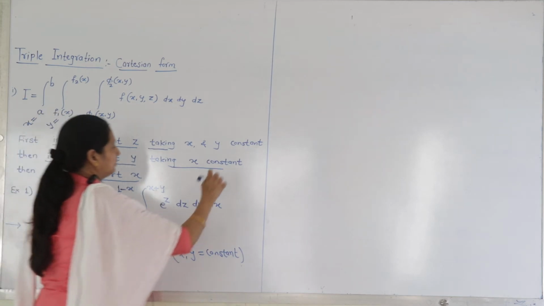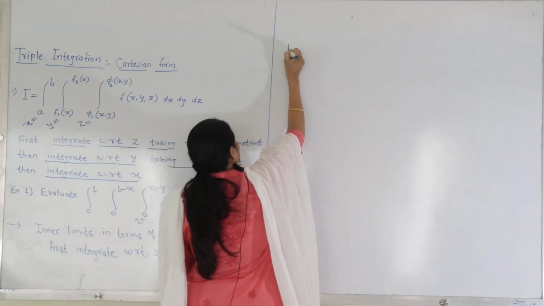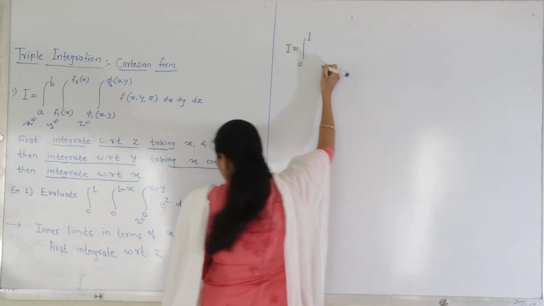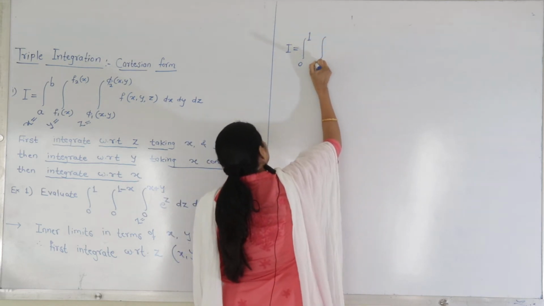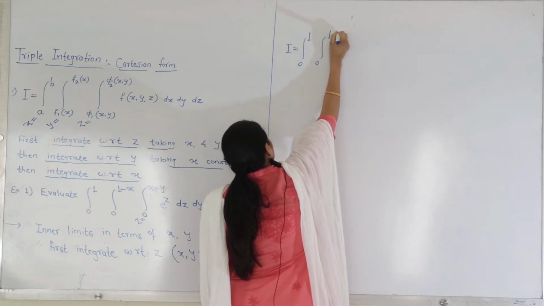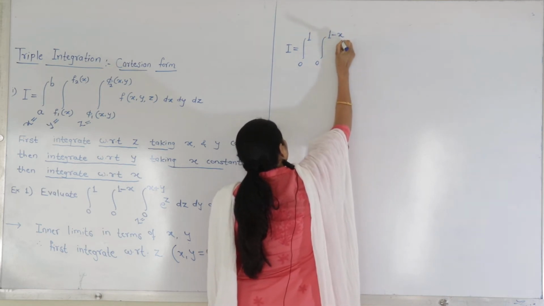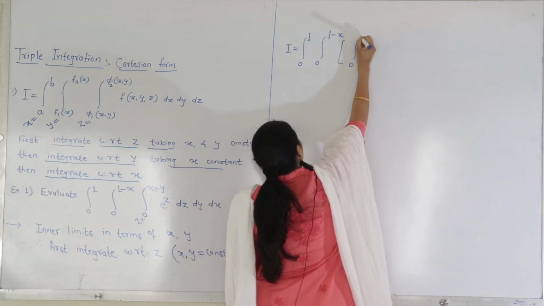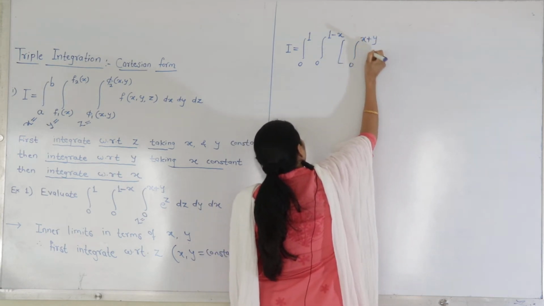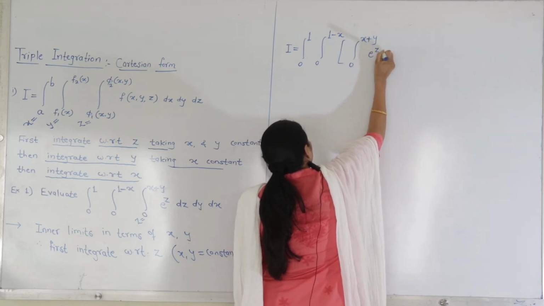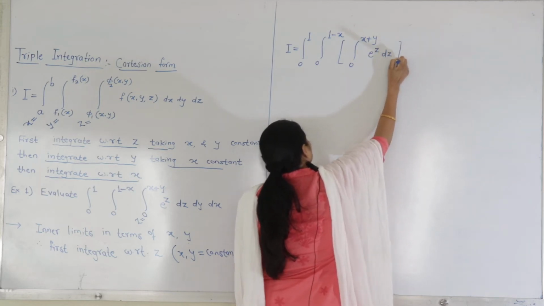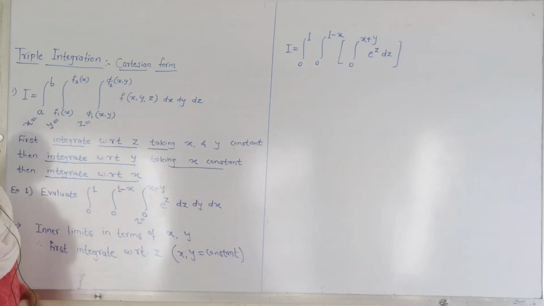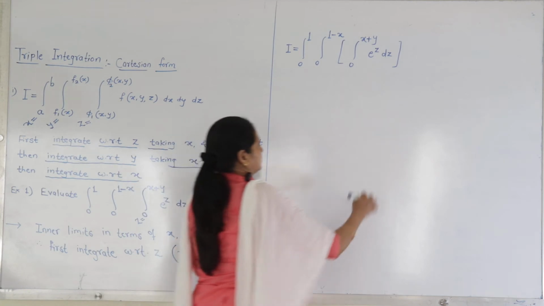That means first we have to integrate. Integration from 0 to 1, 0 to 1 minus x, first we have to integrate 0 to x plus y of e raised to z, first with respect to z, therefore first take the dz term, then remaining dy and dx.